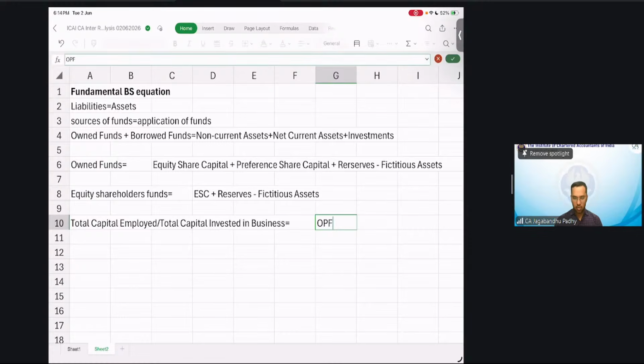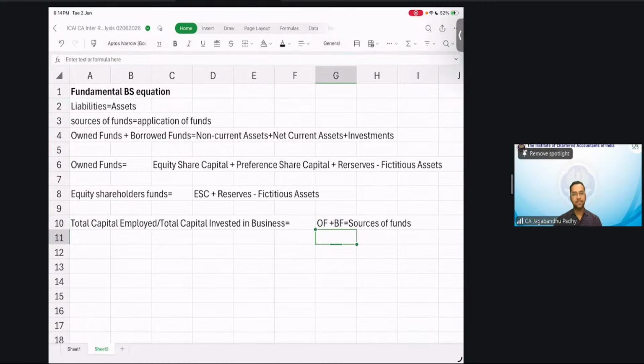That's going to be owned funds plus the borrowed funds. Or you can say also the total sources of funds.